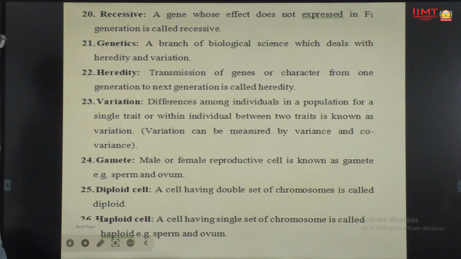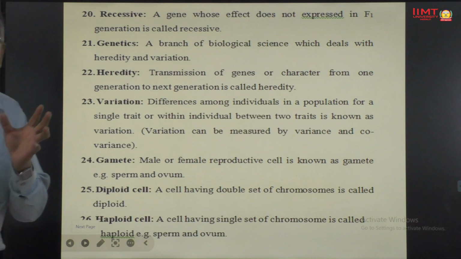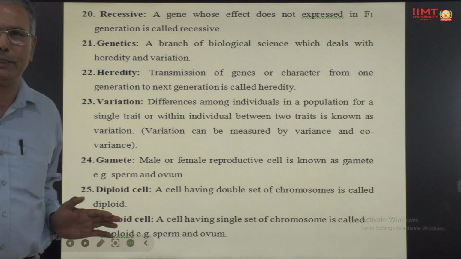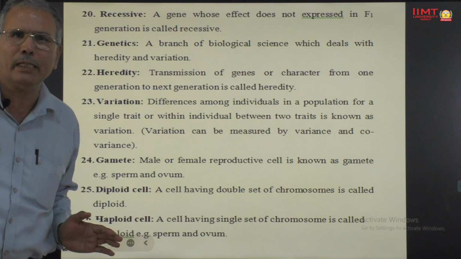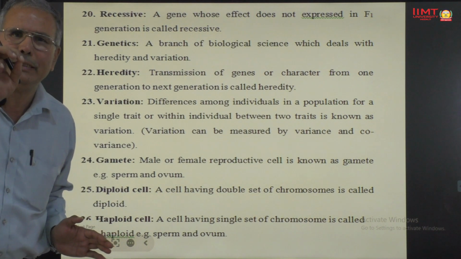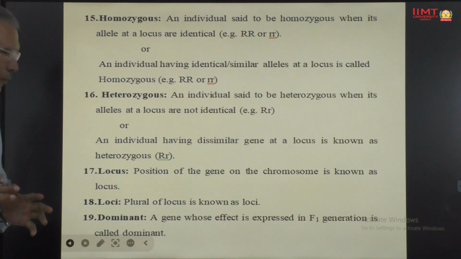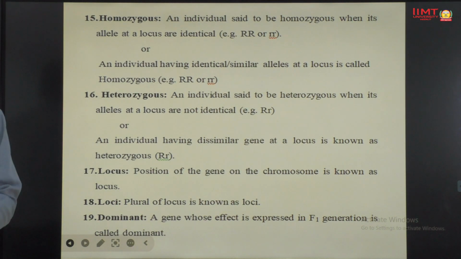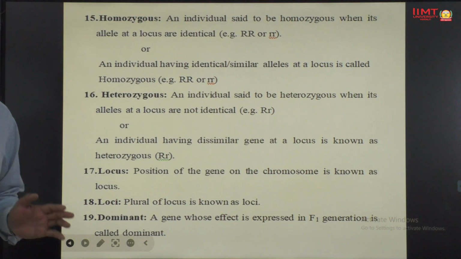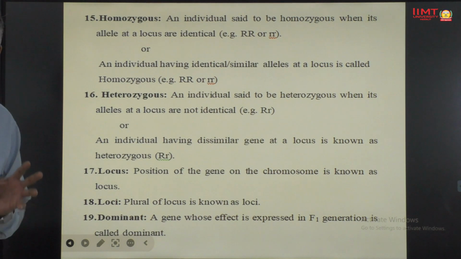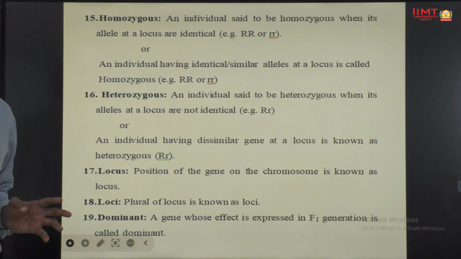Recessive. A gene whose effect does not express in the F1 generation is known as a recessive gene. What is locus? Dear students, you know where the genes are located.